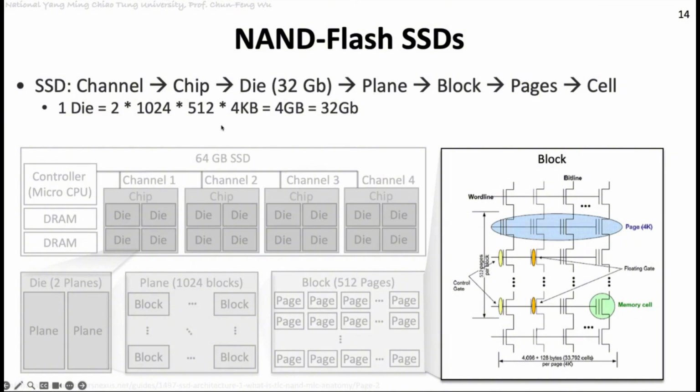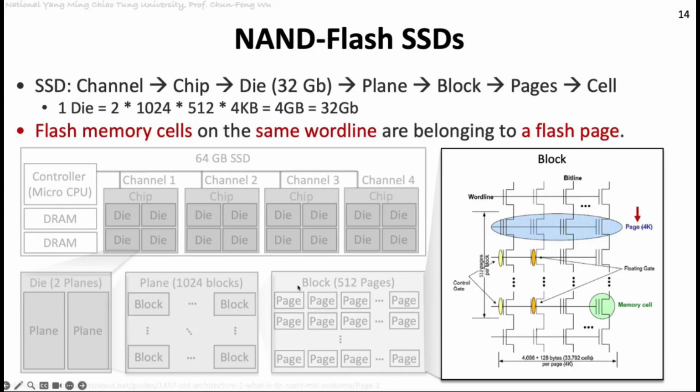Then there are 1024 blocks in one plane, and there are 2 planes, so one die will be 32 gigabytes. Because there are four dies in one chip, and there are 4 chips here, 32 times 16 gives 64 gigabytes. So this is the architecture of the SSD.